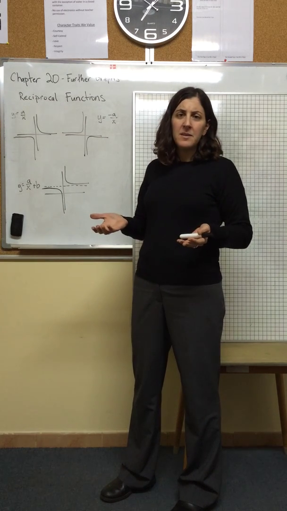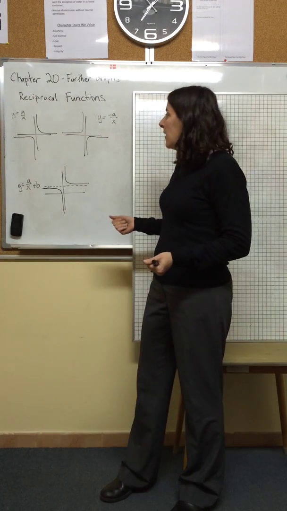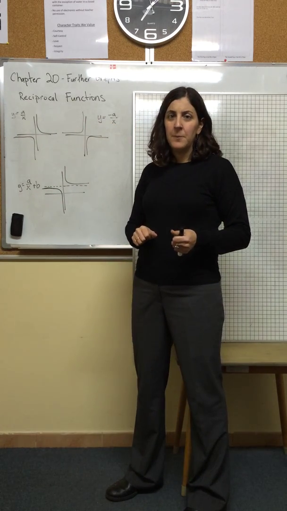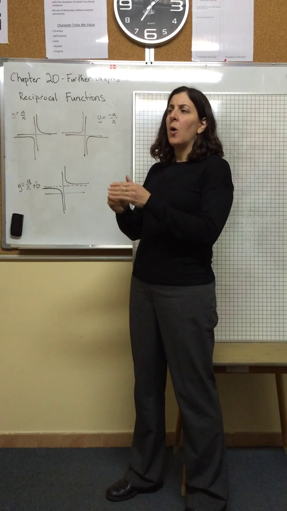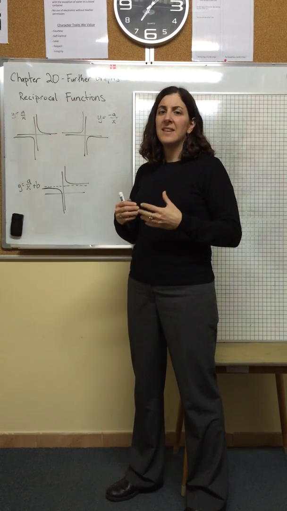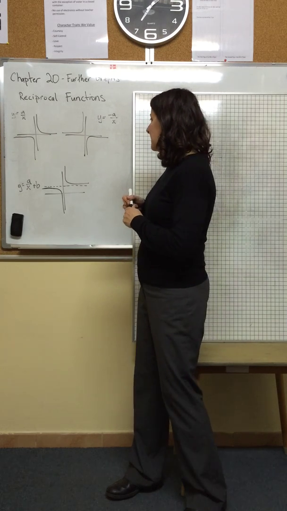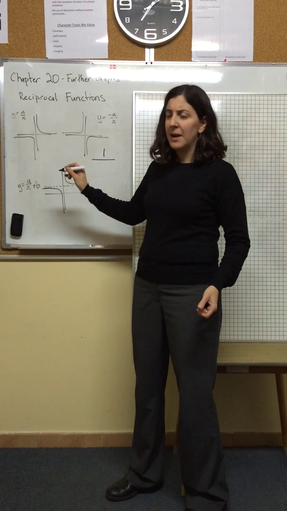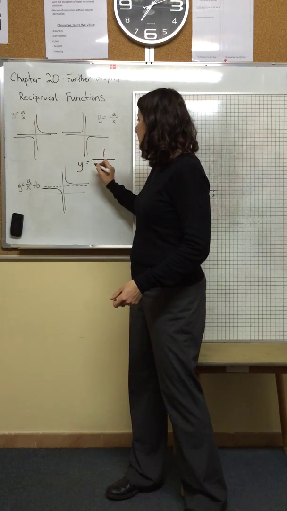Now, what happens because we can't have 0? Well, we have what these things look like. They're called asymptotes. So what that means is they go all the way as close as possible to a value, but they won't actually get to 0. So if we think about this a second, if we have a fraction and we have x in the denominator, we're saying y equals, we'll just pick 1.